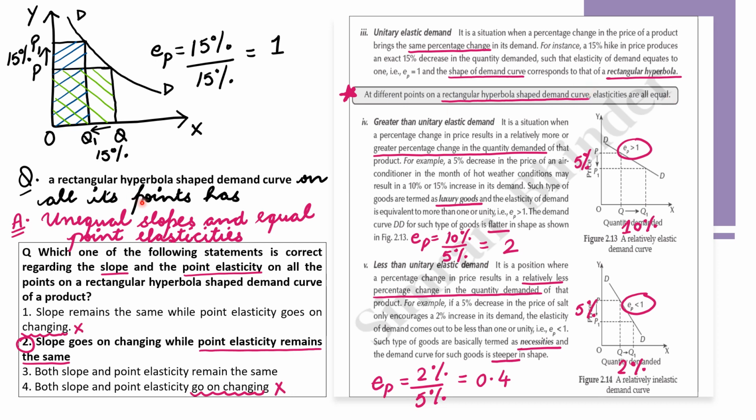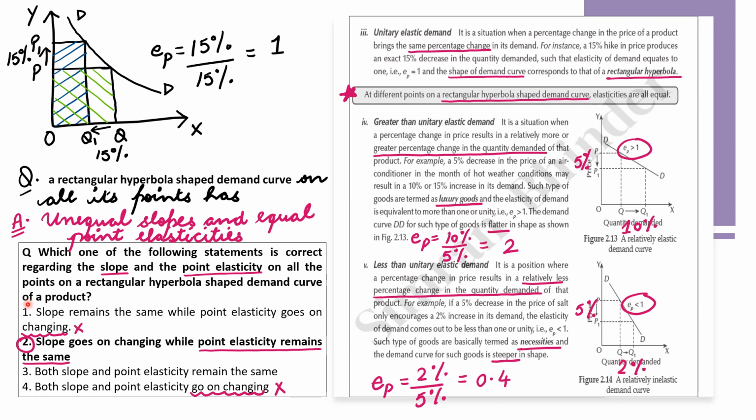Now I have picked over here some UGC-NET questions which we are going to discuss. So let's discuss this one. Which one of the following statements is correct regarding the slope and the point elasticity on all the points? Read it carefully on your final day on a rectangular hyperbola shaped demand curve. Now when this wording is written in the question, rectangular hyperbola shaped demand curve, then automatically this is unitary elastic demand.